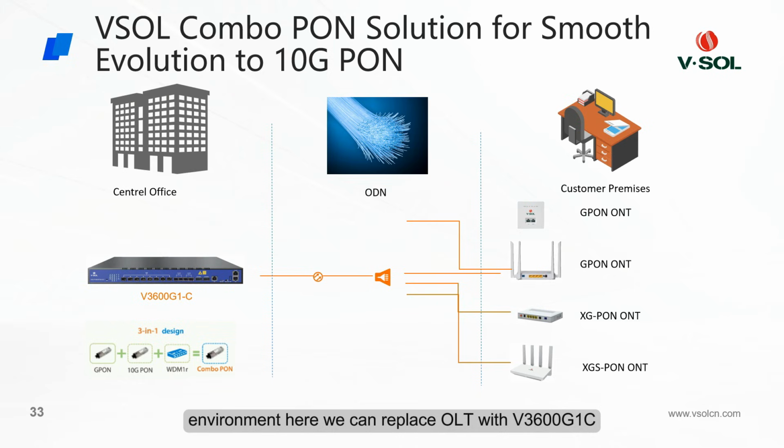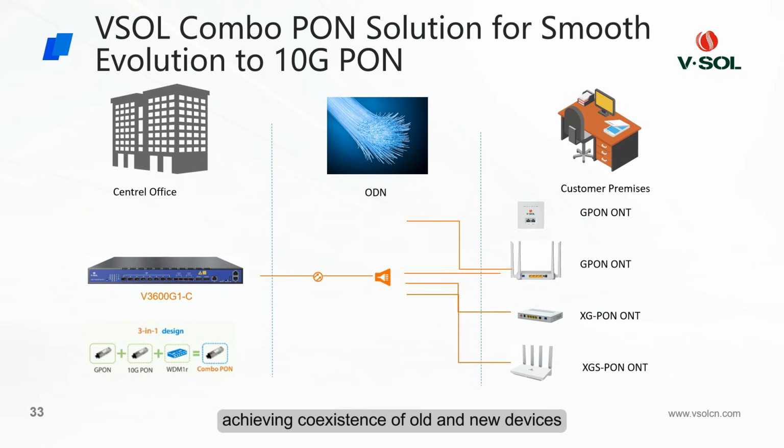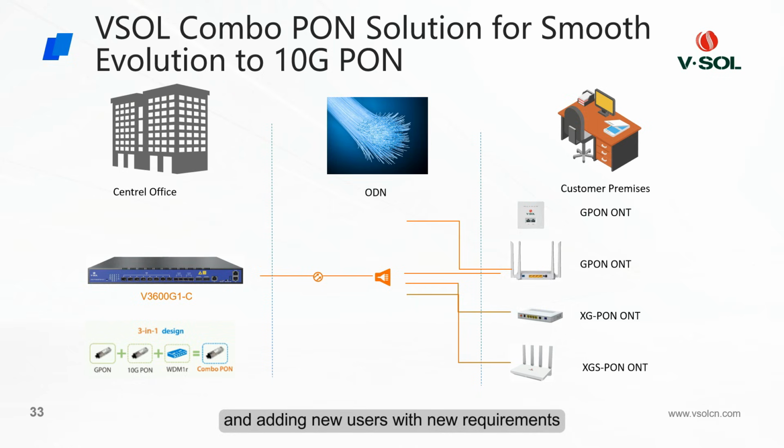Here we can replace the OLT with V3600G1C, which can simultaneously connect GPON ONU and XPON ONU, achieving coexistence of old and new devices, and adding new users with new requirements without changing the original user situation.